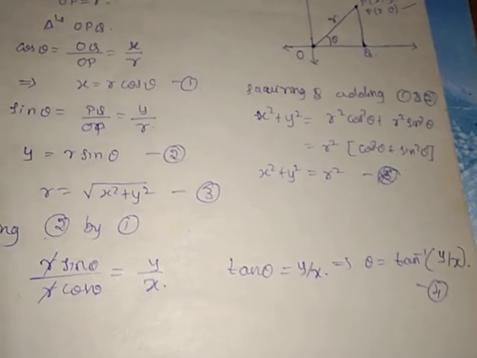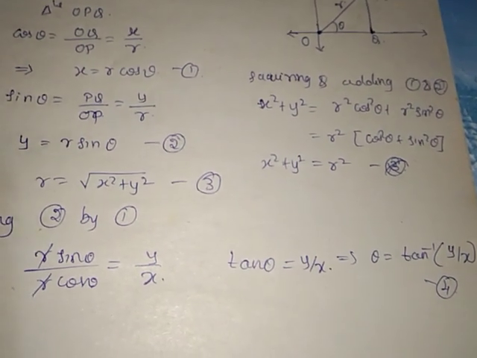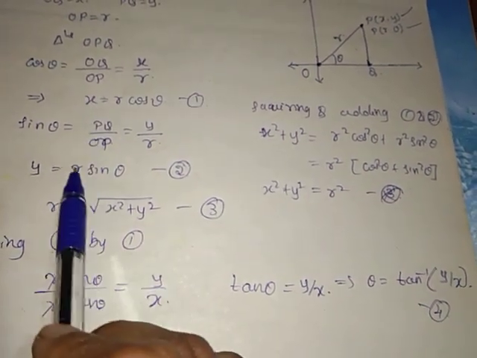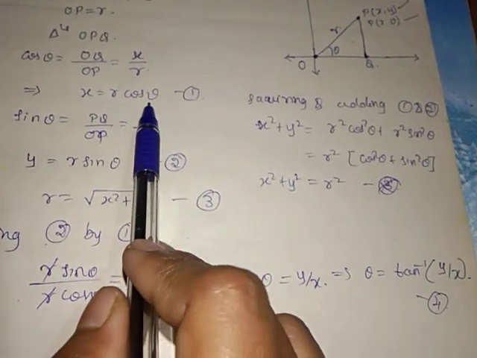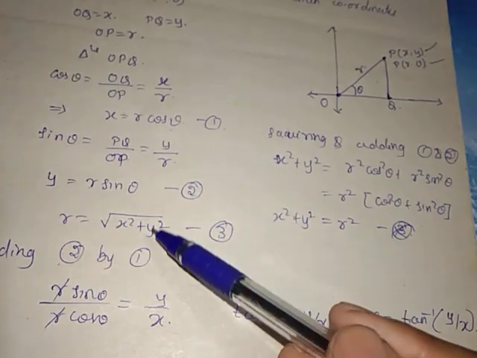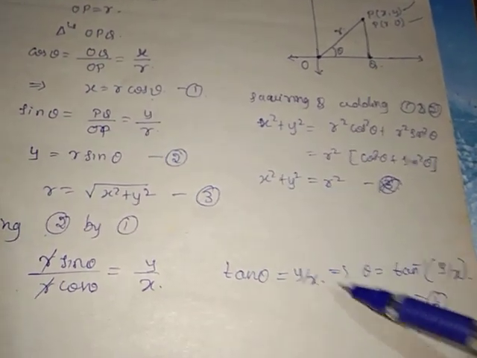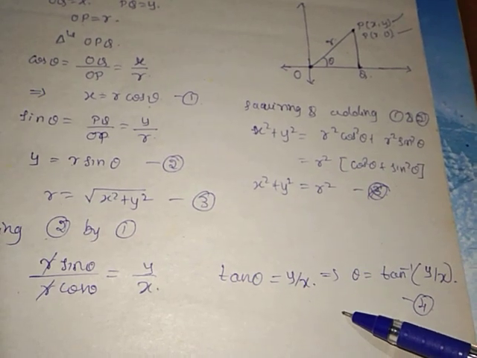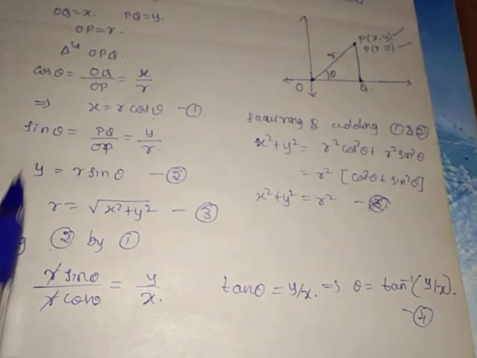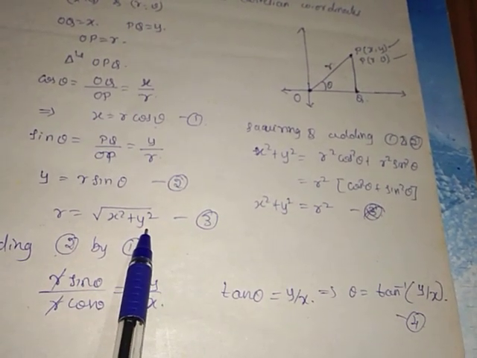The relations 1 and 2 determine the Cartesian coordinates in terms of polar coordinates. Whereas the relations 3 and 4, r equal to square root of x square plus y square and tan theta equal to y by x, determine the polar coordinates in terms of Cartesian coordinates.